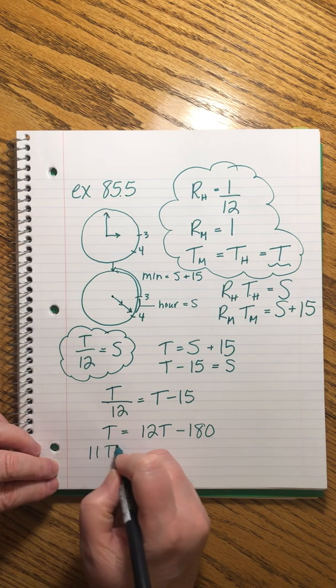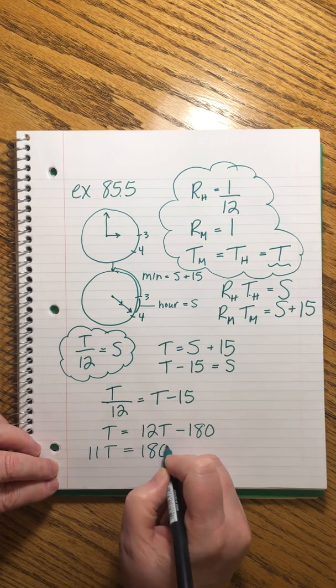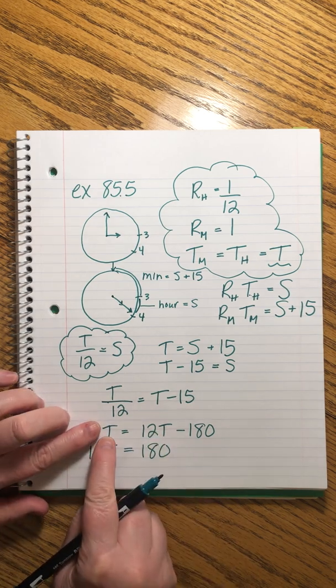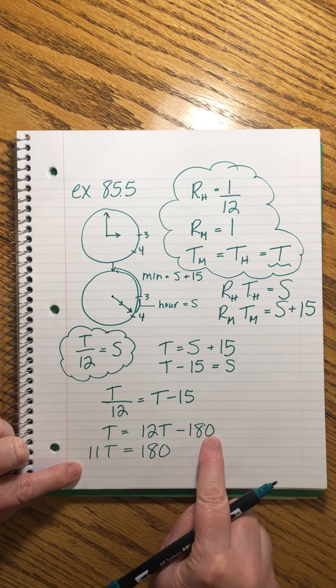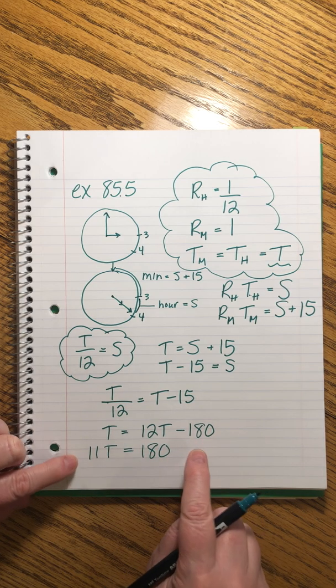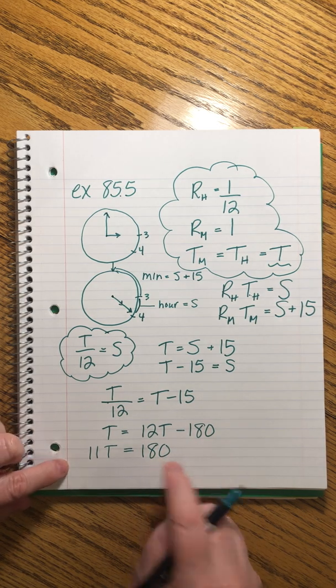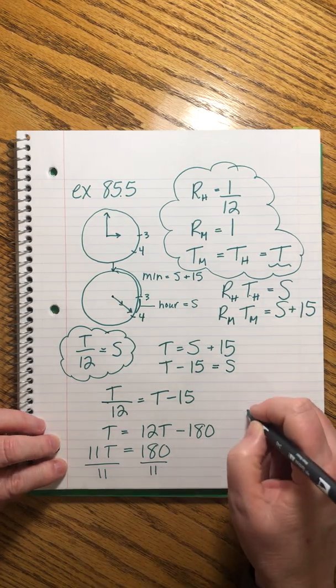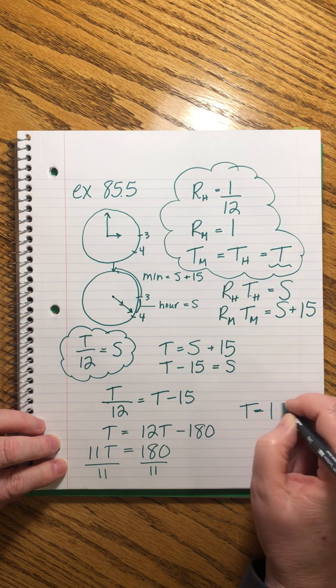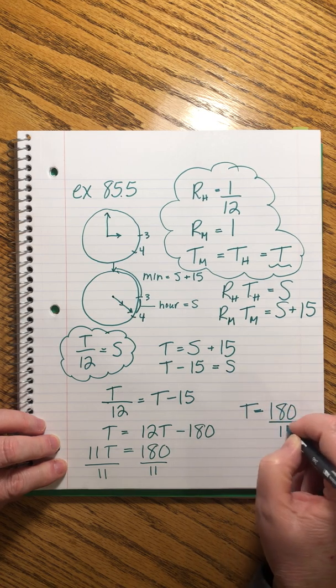I get 11t equals 180, right? I bring this over here, I get minus 11t. I turn it positive. I'm left with the minus 180 over here, but I multiply by -1 and turn it positive. T equals 180 over 11 minutes.